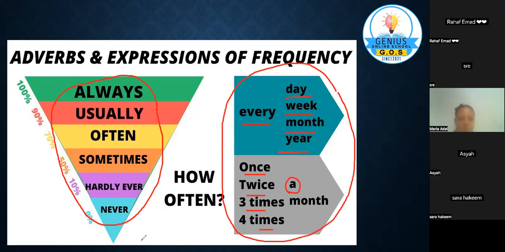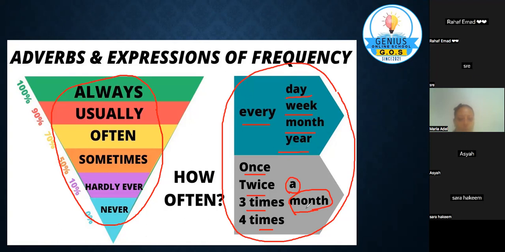Then here, a works as a preposition. Twice a month means two times every month, three times a month means three times every month, and you can change month with any word. You can say three times a year. That means three times every year. This action is repeated three times every year, or four times a week. It means every week.